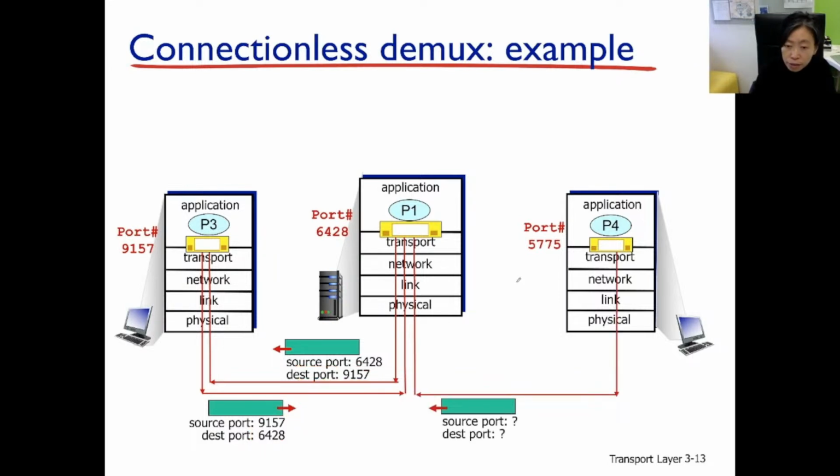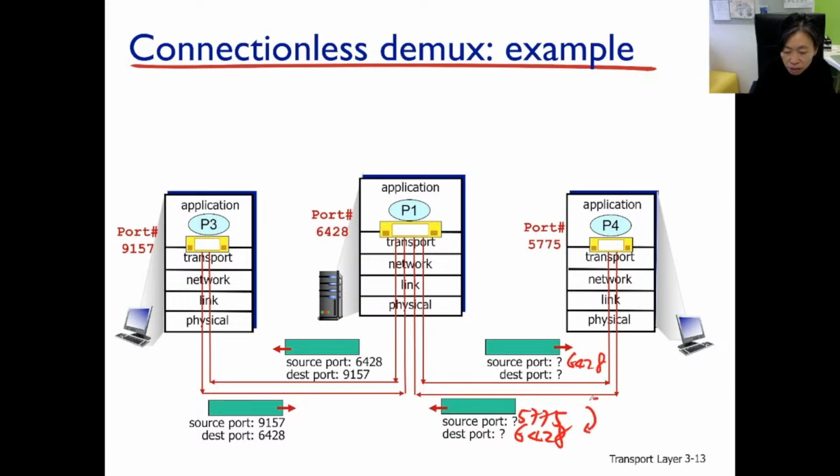Now, if there's another request coming from P4, what is going to be the source port number? 5775. And destination? The server's port number. It's probably not hard. The returning messages back to P4 have source 642A, essentially the reverse of these two port numbers.